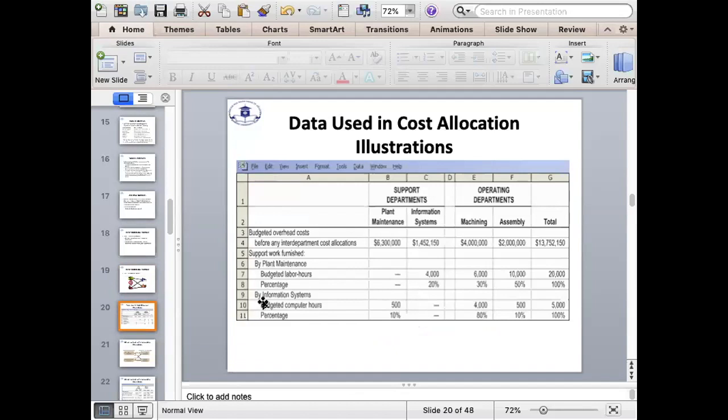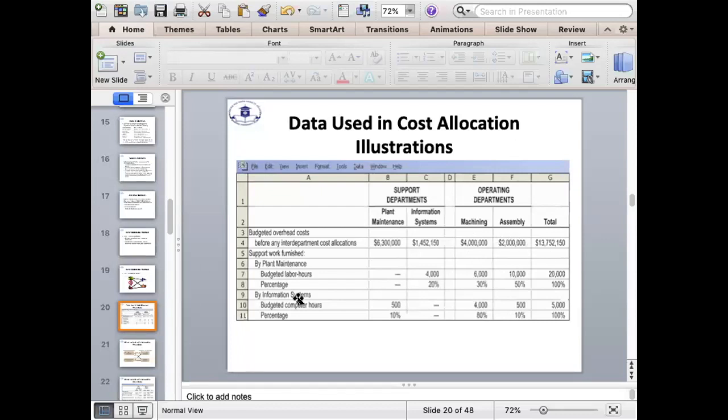For information system, providing 80% services, which is 4,000 hours, which is the base, to the machining department, and 10% services to the assembly department. So we allocate on the basis of these. This is the information about the base that we apply to allocate this number here and here.